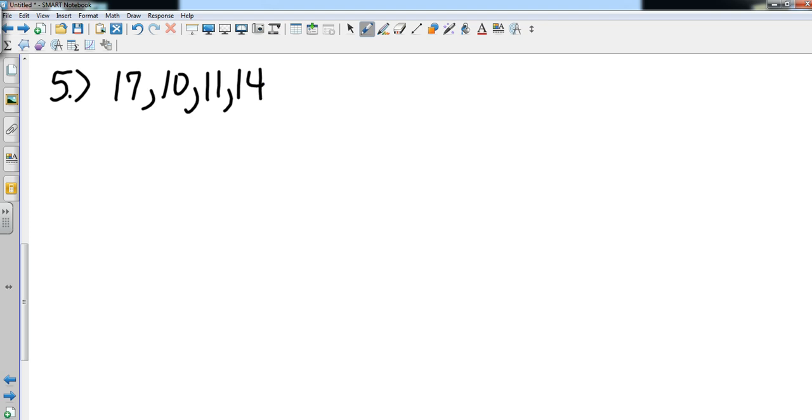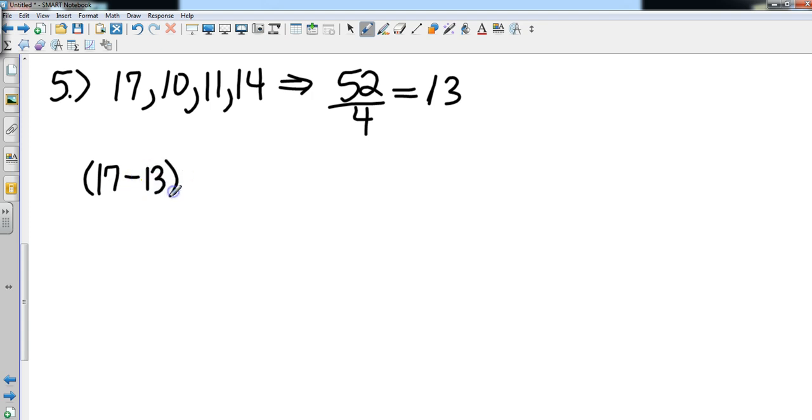So when we total that up, it totals to 52. And to find the mean, we're going to divide that by 4. So our mean is 13. So in this case, when we're finding the variance, we're going to take each piece of data, we're not doing the absolute value on this one, and subtract the mean, and then we square it.